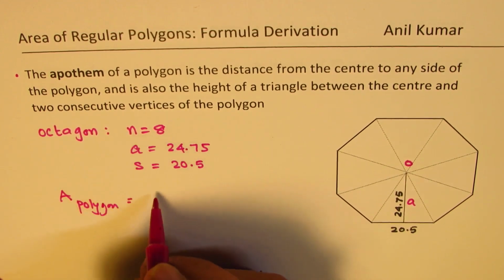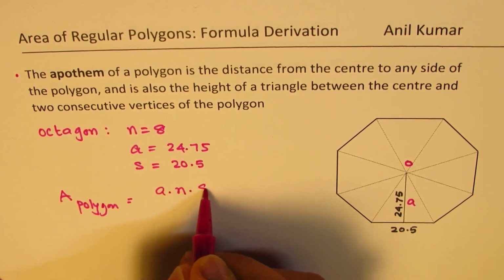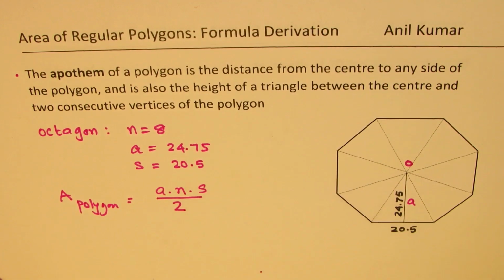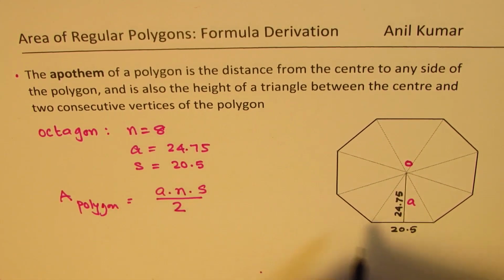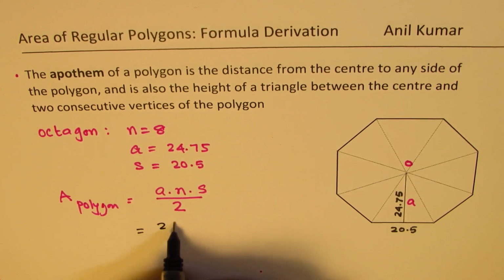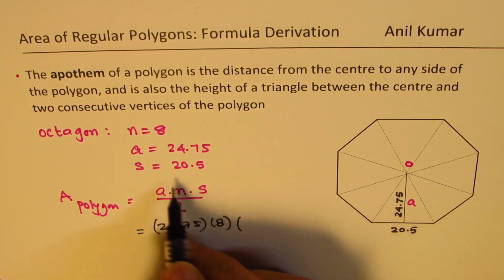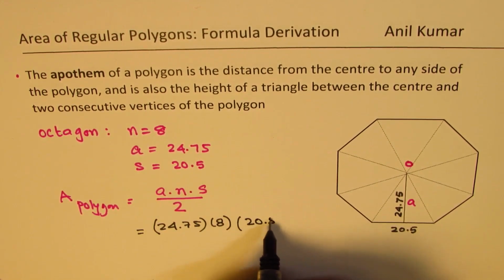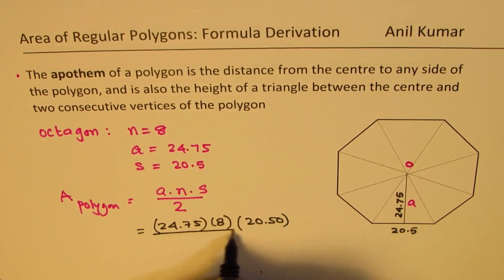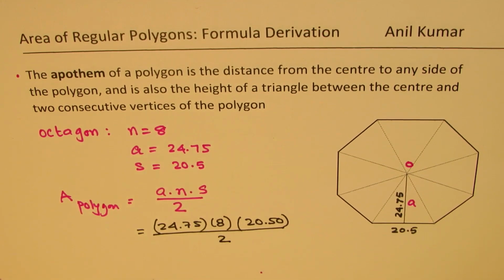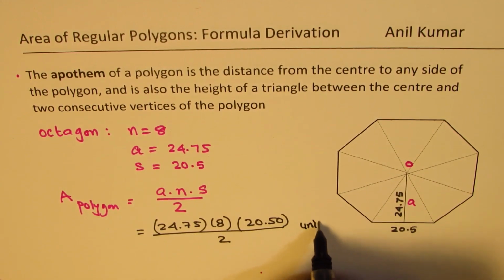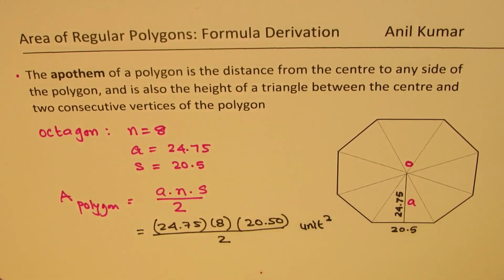The answer will be A and S divided by 2. Easy to remember, right? So just multiply these three terms. So we get 24.75 times number of sides 8 times side length, which is 20.5, divided by 2. Since we are not given any unit here, we will write unit square. Is that okay?